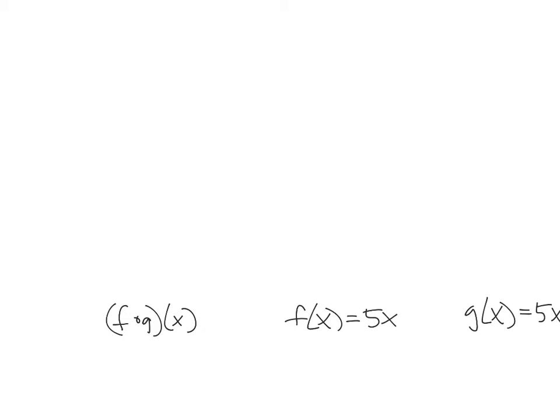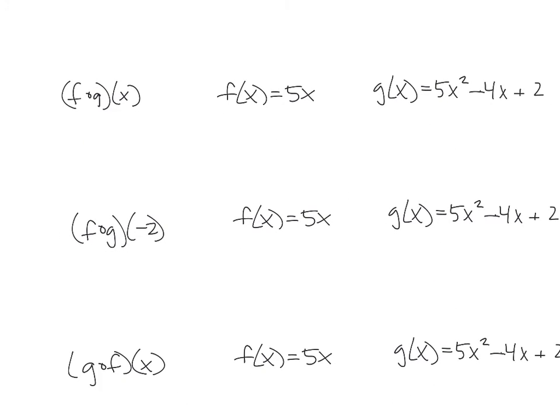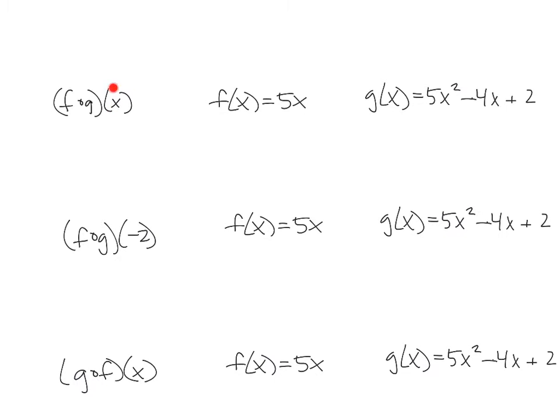All right, this is more of the same. We've got a couple of functions here, and we're going to do f of g of x. This means we're going to take x, put it into g, which gives us g of x, and now we're going to take g of x and insert it into f of x.